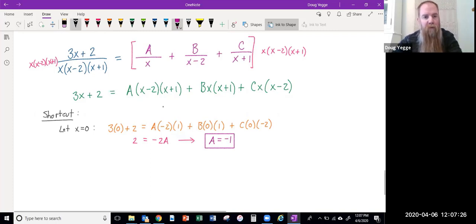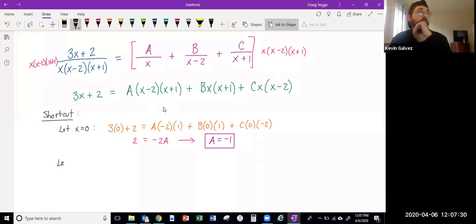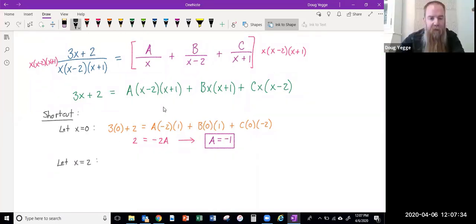Cool. So what should we try next? x equals 2. Sure, so let's let x equal 2. And look at how nice this is. When I let x equal 2, I now plug in 2. 3 times 2 plus 2. But notice that it's going to cancel this term and it's going to cancel this term, so I'm not even going to bother writing them.